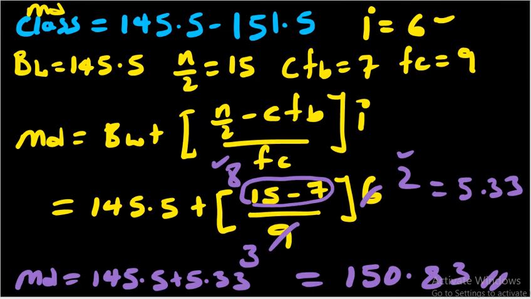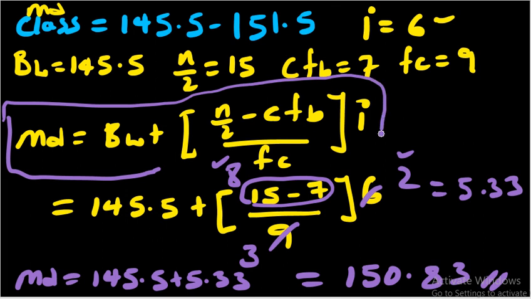Then we try to identify our inputs for the formula, don't forget it, it's here. Median is equal to, it is a somewhat longer formula. What does it say?